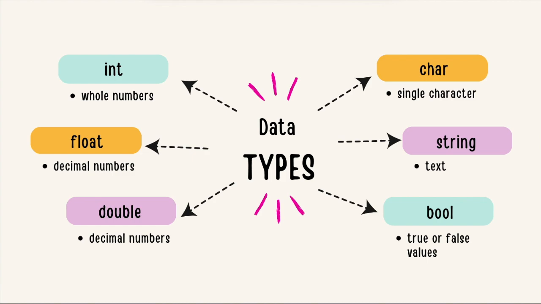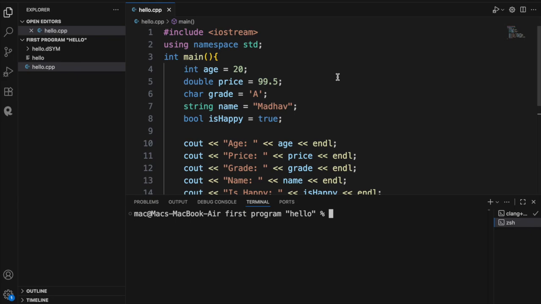As we have learned how to name a variable and what are different data types, let's write a program. This is the sample program for what we have discussed so far. We have int age, which holds the value 20, double price, which has 99.5.